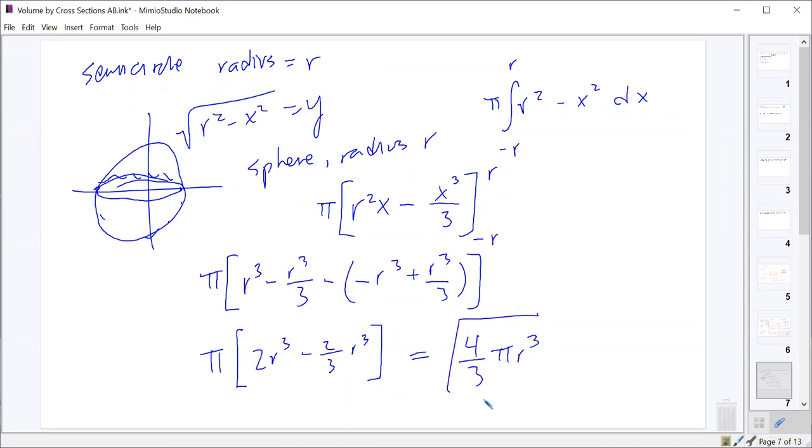And you would be astounded and amazed that that is exactly how the formula for the volume of a cube was developed, right? It's just taking this semicircle with a radius of r, revolving it around the x-axis, and integrating a formula for the area of the cross-section times its thickness. Isn't that cool?